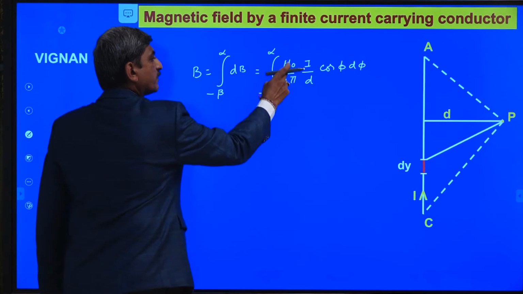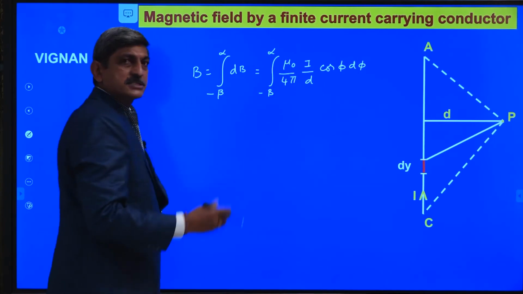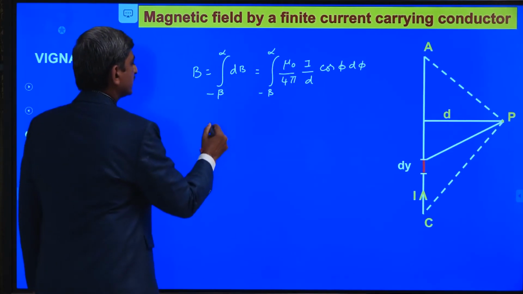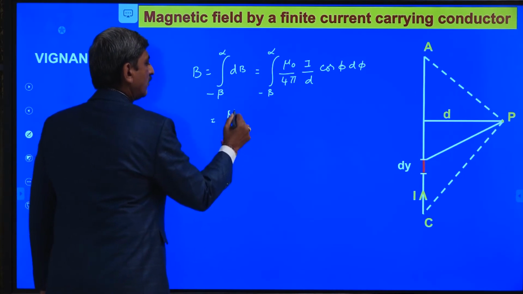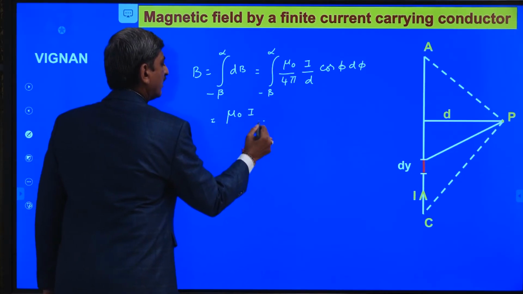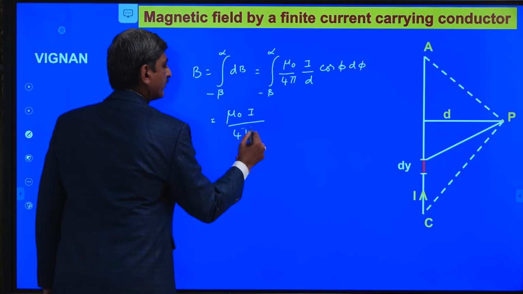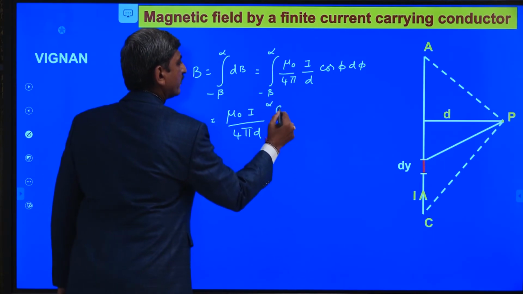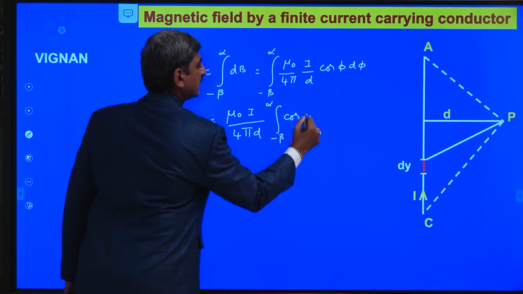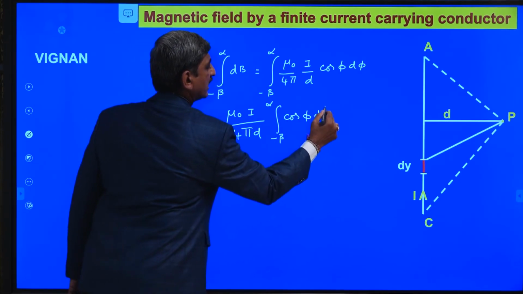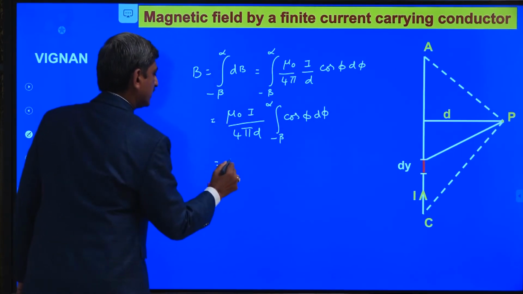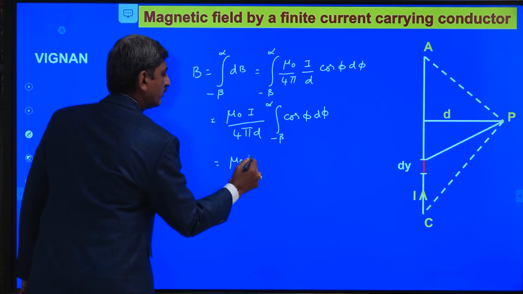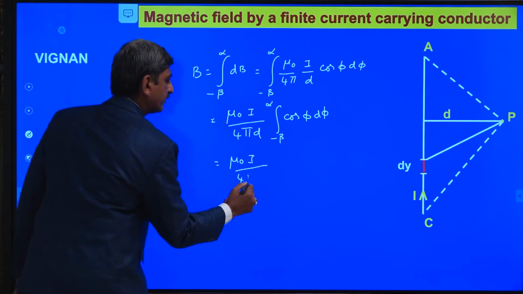So mu naught by 4 pi I by d are constants. Take them outside the integration, then it becomes mu naught I by 4 pi d into integral from minus beta to alpha of cos phi d phi.